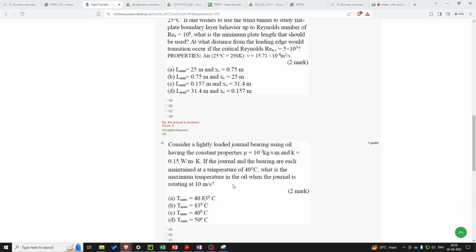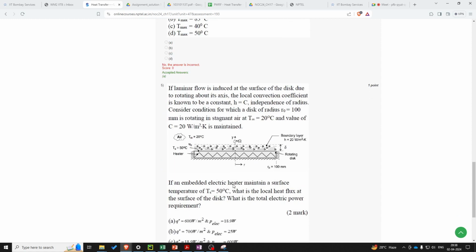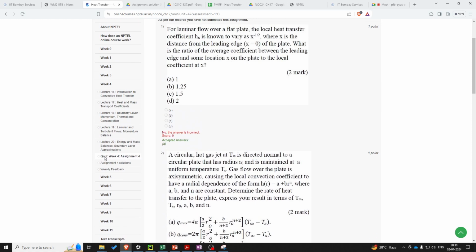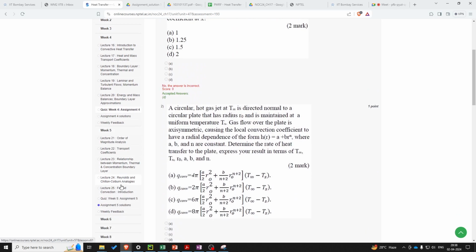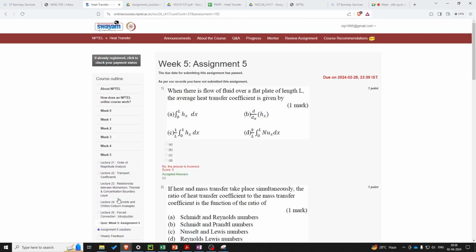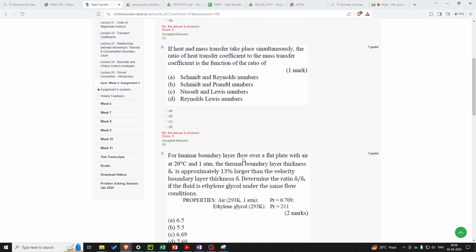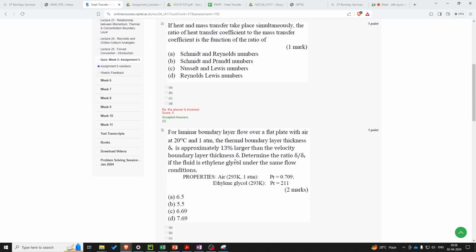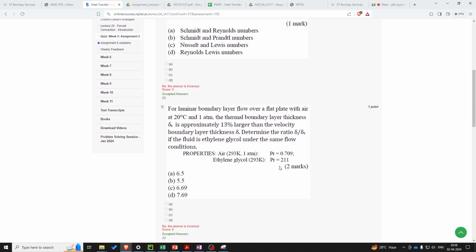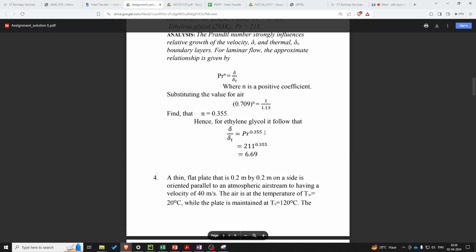Fourth or fifth? Are you talking about this question where we have to find the... So you'll be having this solution, correct?